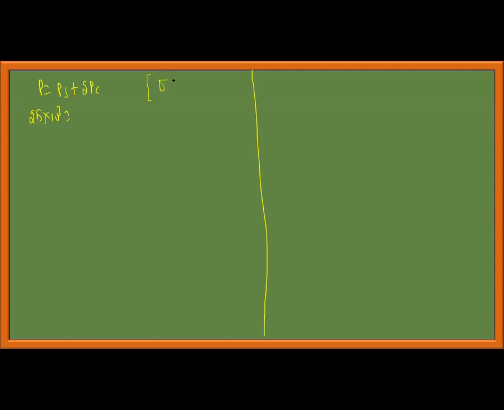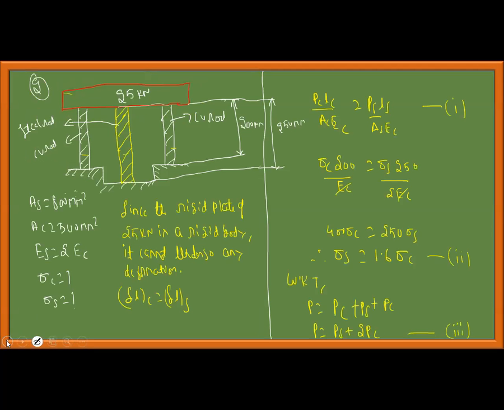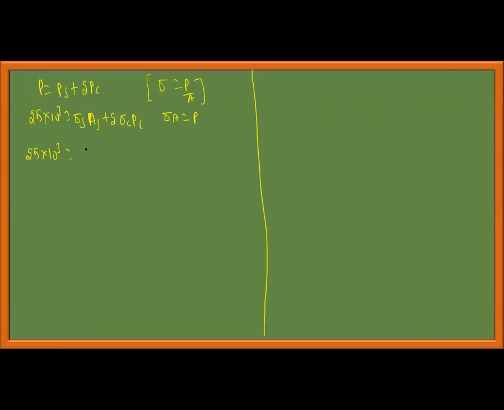Before that, sigma is equal to P by A, or sigma into A is equal to P. Sigma S into AS plus 2 times sigma C into AC. 25 into 10 power 3 is equal to sigma S, which is 1.6 sigma C, into area of steel. Area of steel is 800 mm square.